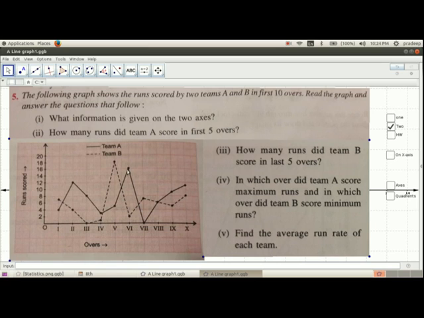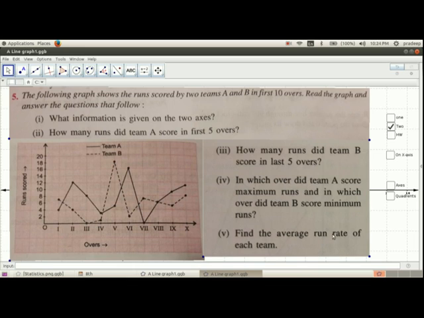Here this continuous graph is of team A. Therefore this point, that is in the 6th over, they scored maximum 16 runs. And for B this is the maximum point, and it is in the 5th over they took the maximum runs, 18 runs in that over.